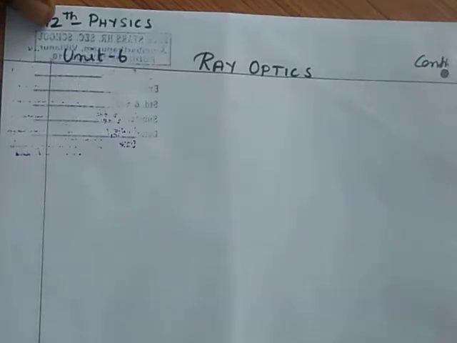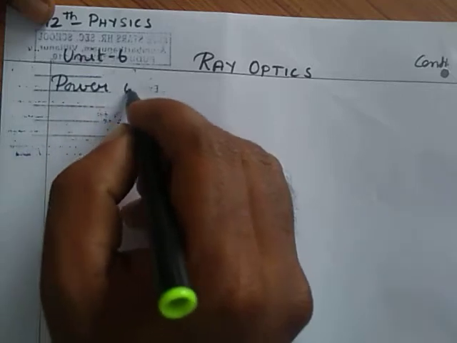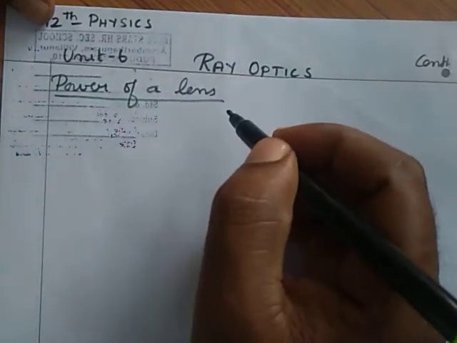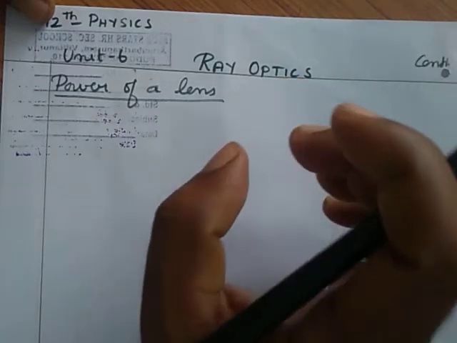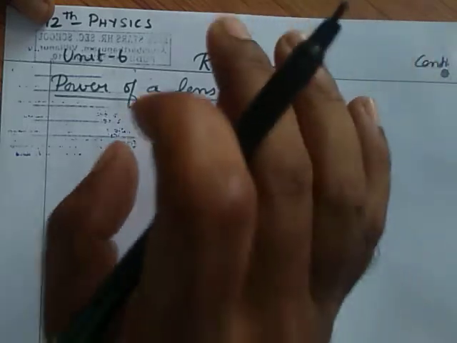Here our today's topic is power of a lens. Power of a lens is the ability of the lens to deviate the incident light when it falls on the lens.